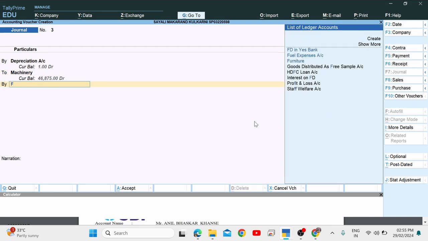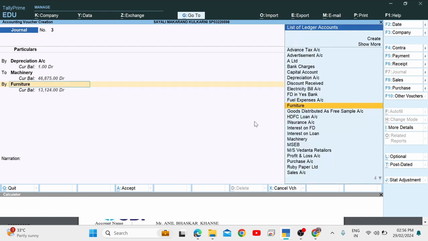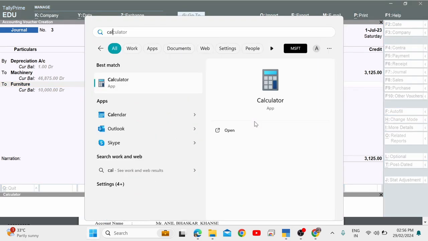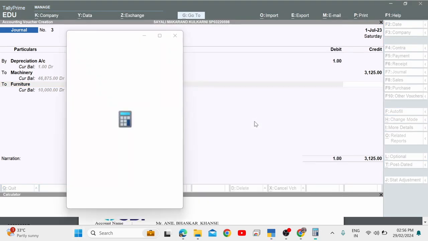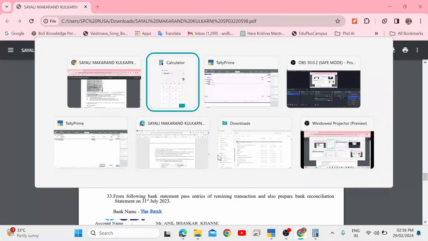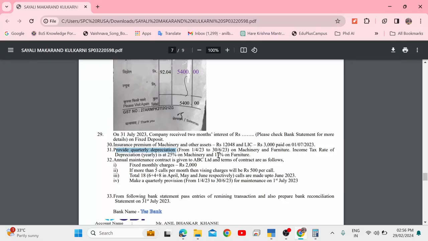And then on furniture they are asking, so select the furniture. On furniture, calculate it: the furniture balance we are having is 10,000 rupees. And the rate of depreciation is 15%, so 1,500 for a year, divided by 12 into 3, that is 375.